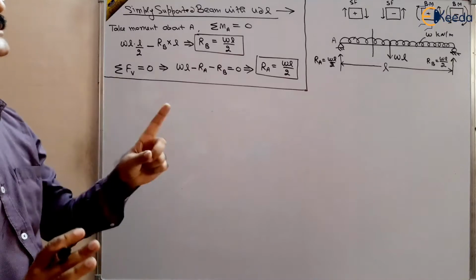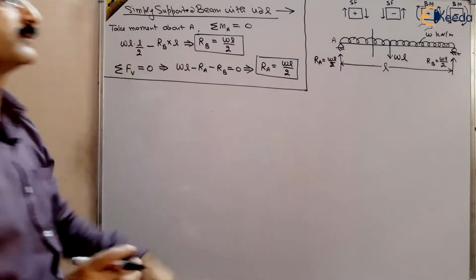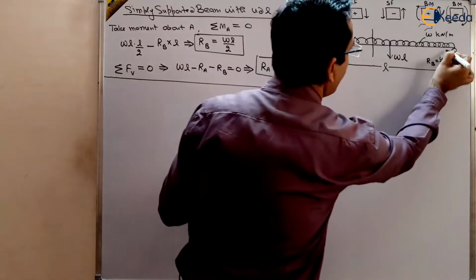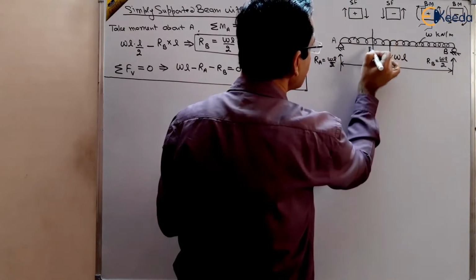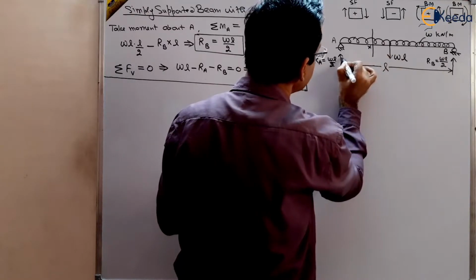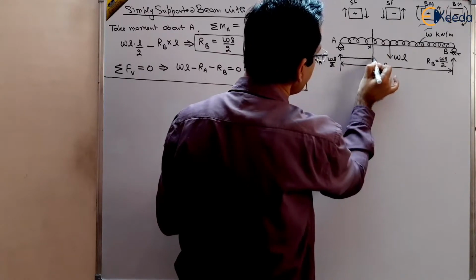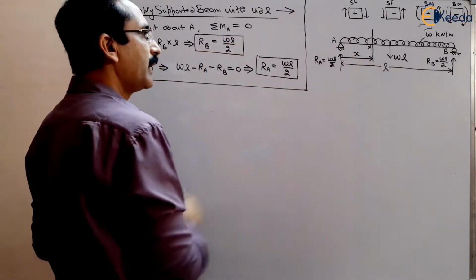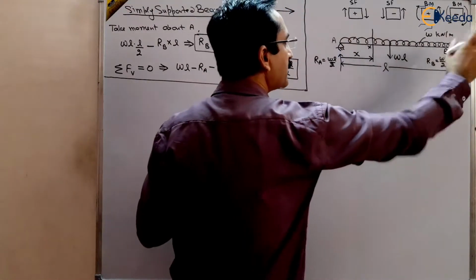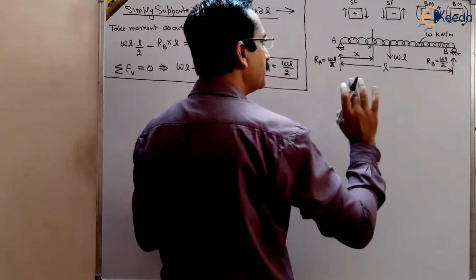We will take only one section, and that will be valid from A to B. So this is our cross section X at a distance x from point A, and this will be valid because there is no other load acting on this beam other than this UDL.